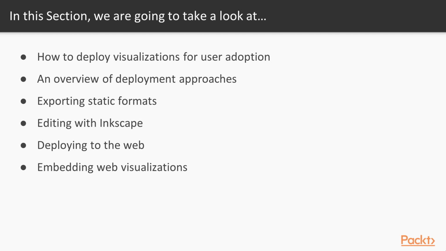We'll follow that with a deploying to the web video, how we can push data visualizations, both static and interactive, to the web. And we'll conclude this section looking specifically at embedding web visualizations, both into a blog or into social media.